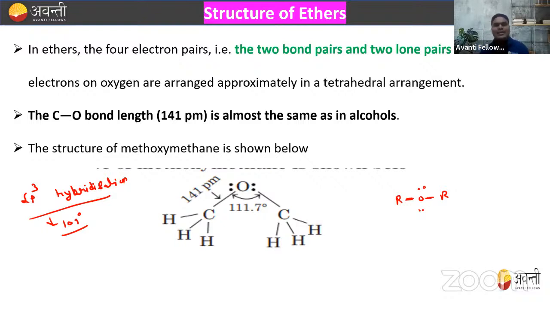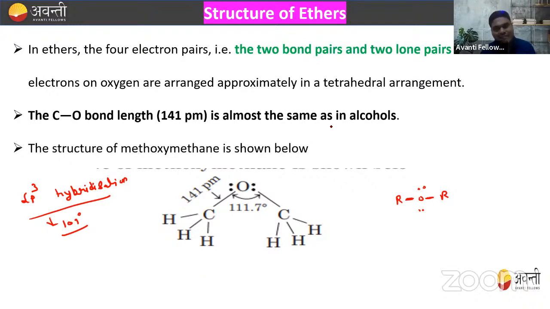But why in the case of ether, even though they are tetrahedral and sp3 hybridized, is the bond angle 111 degrees? Can you explain the reason for this? Can anyone say anything about this? Why does the bond angle increase by around 2 degrees?